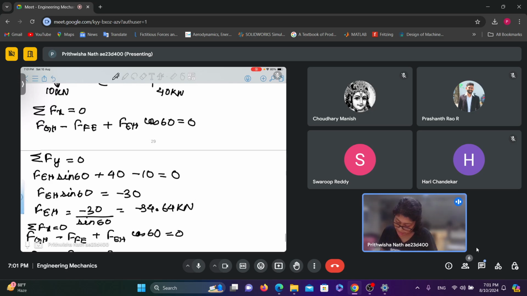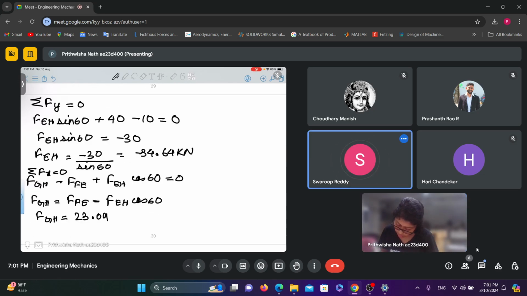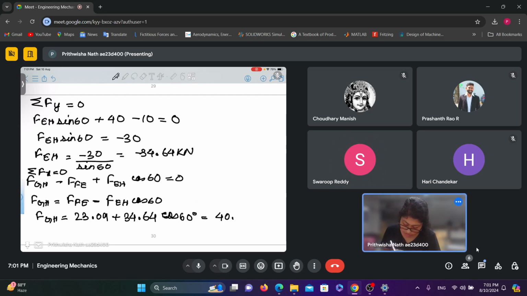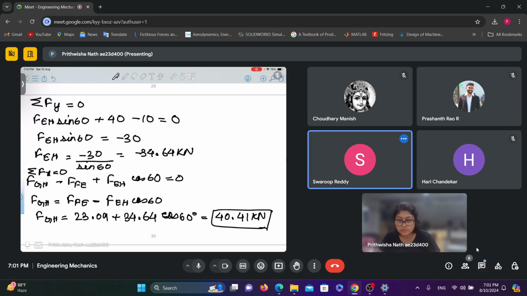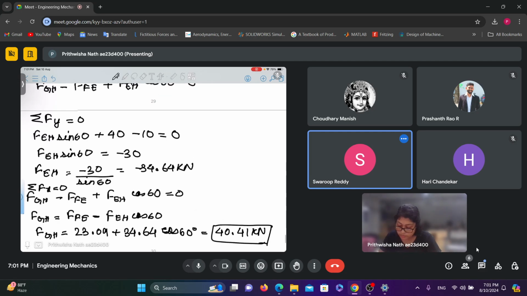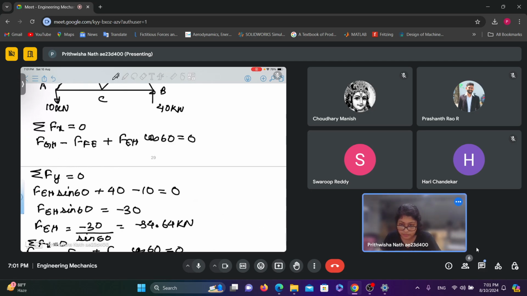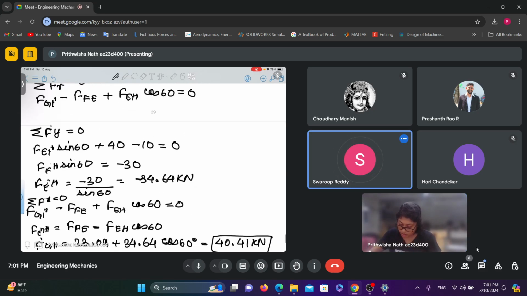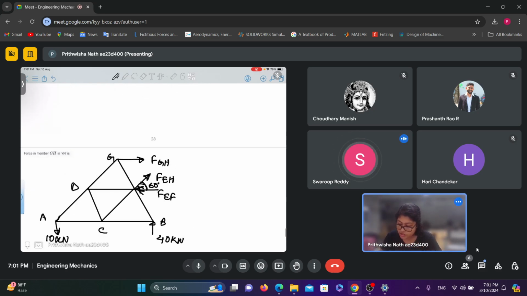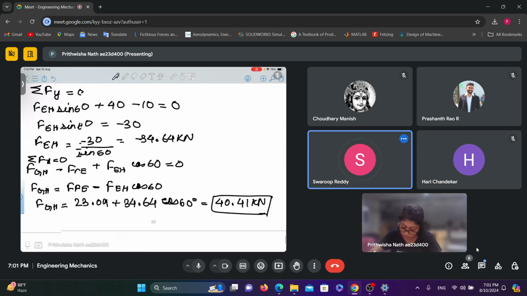So FEH is minus 34, so this is plus 34.64, which is equal to T cos 60 into cos 60. So this is 0.41 kN. Did you understand? Yes, ma'am. Okay. So the force in member GH is 40.4.